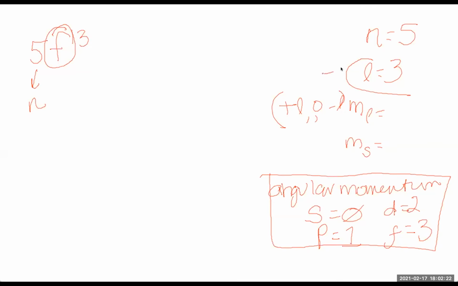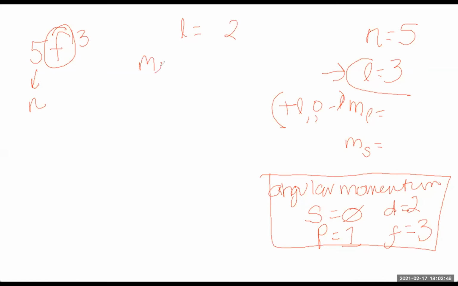So if we take a look, our L is 3, right? And our M sub of L is going to give us that range of our L. So what would it be? So let's say our L was equal to 2.